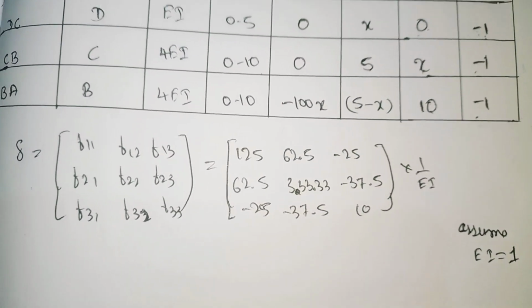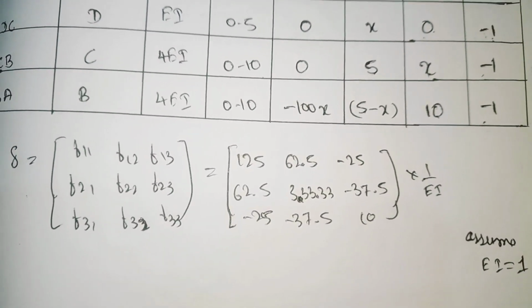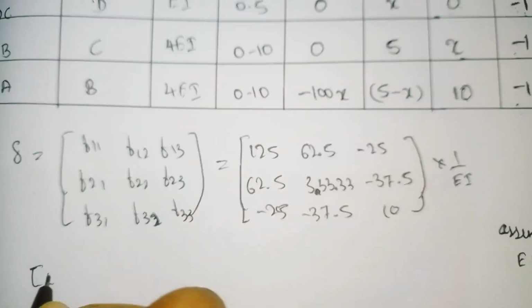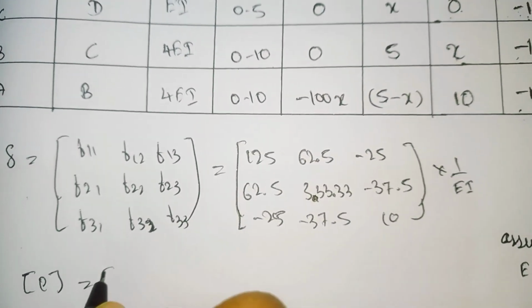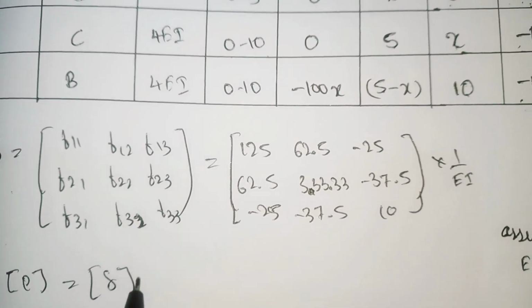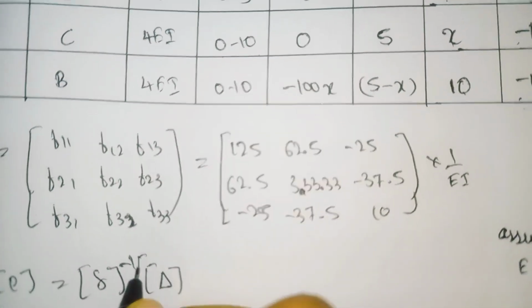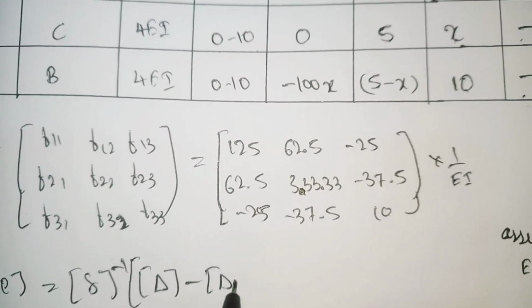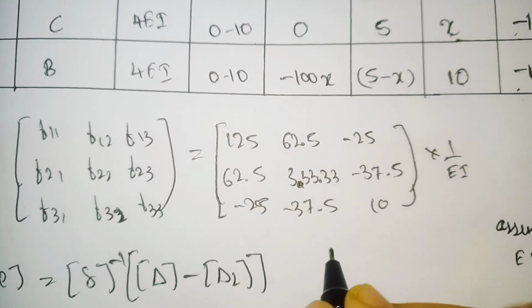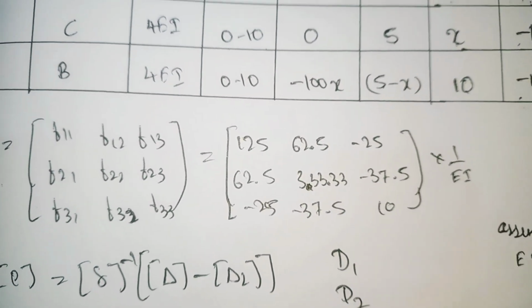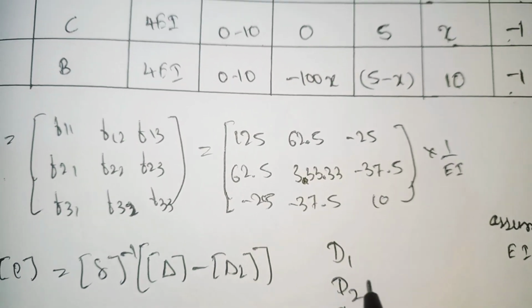So now what we have to do is, by using the compatibility equation, that is P matrix is equal to the inverse of the flexibility matrix times the delta matrix minus the displacement matrix. So our DL is nothing but D1, D2 and D3.